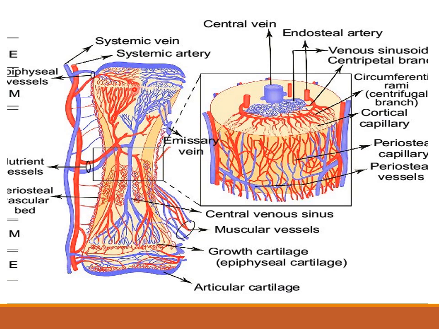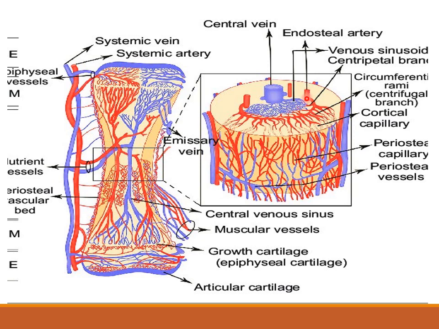Number two, some of its arteries behave as end arteries. They act as an end arterial loop which terminates directly into the venous channels, not giving any branches.